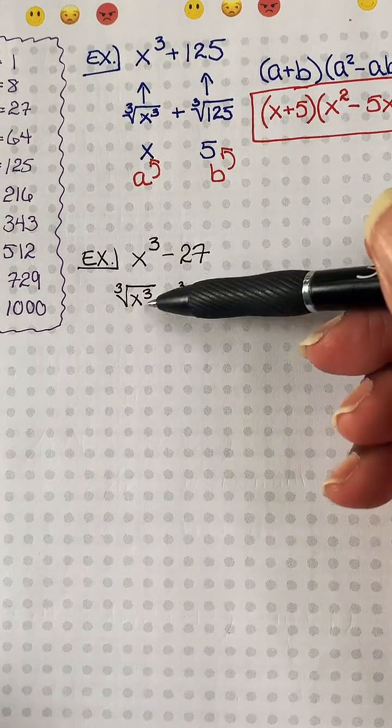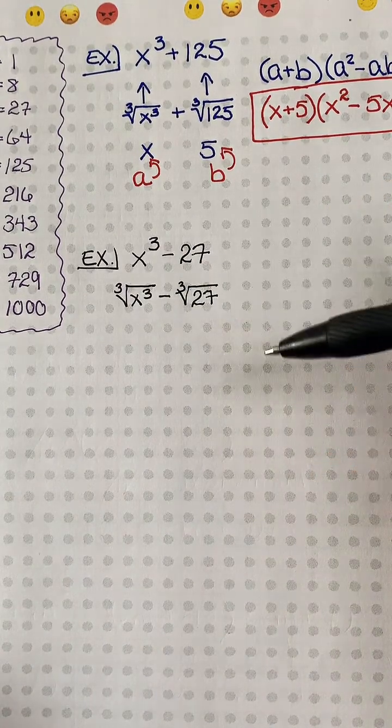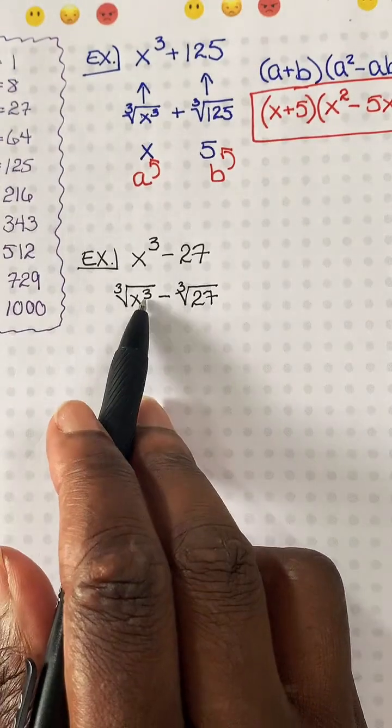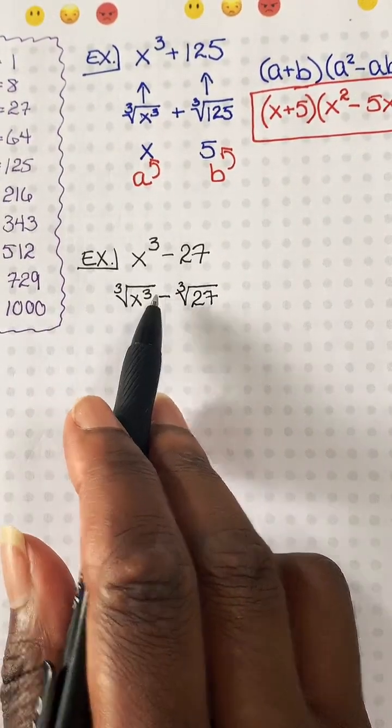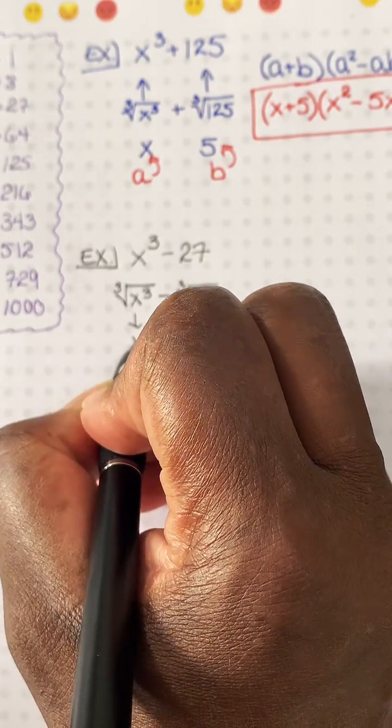Okay. Cubes and cube roots, they're inverses of each other. So since they're inverses of each other, these two things are going to cancel out, leaving me with x.